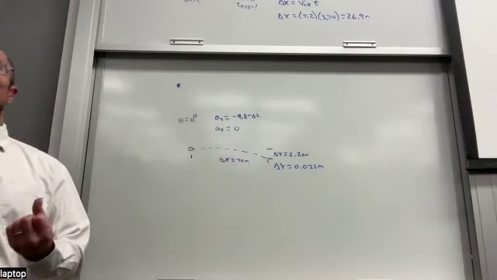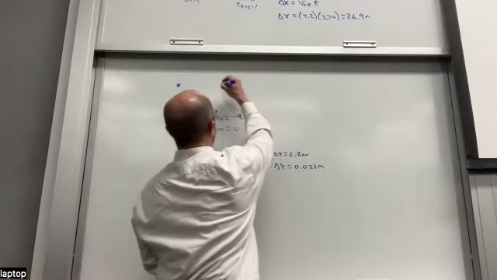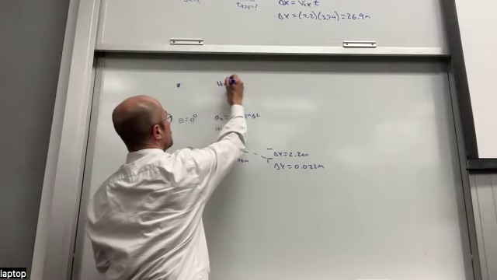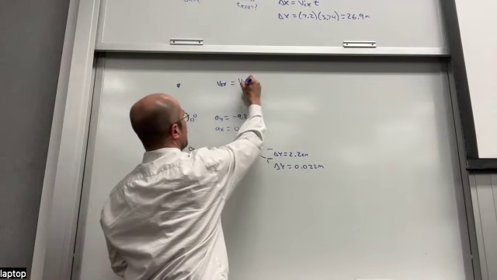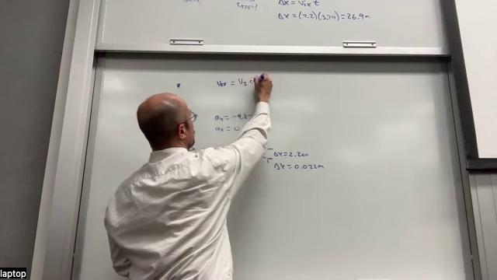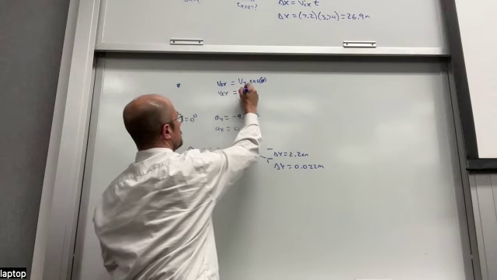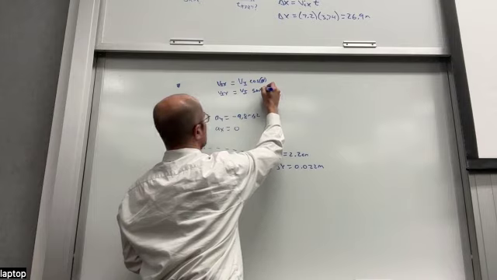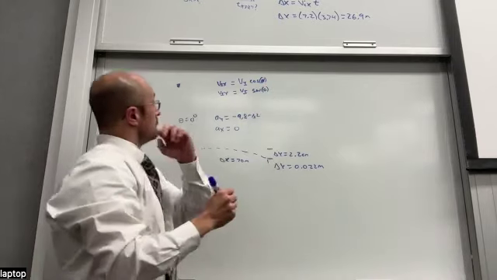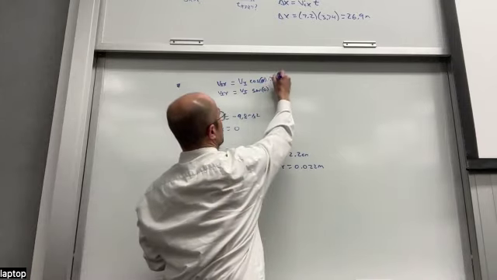It's always good to write those up. We know that VIX is going to be VI times the cosine of 0, and VIY is VI times the sine of 0. So it looks like VIX is VI and VIY is 0.